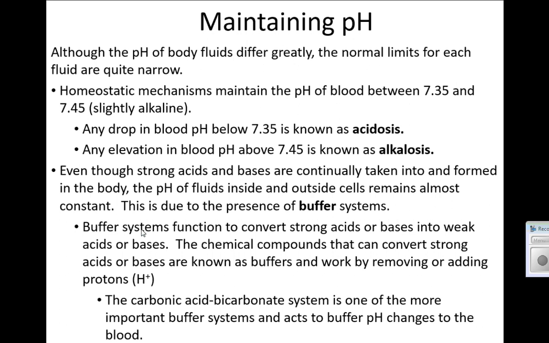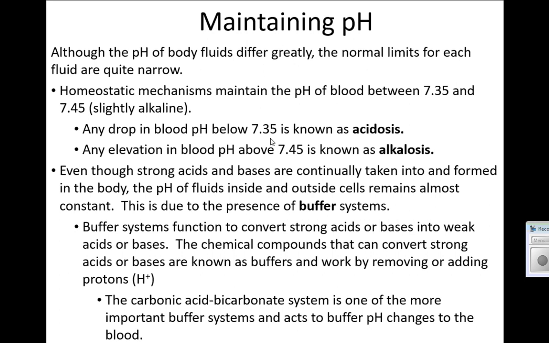Now, does that mean it's always going to be within that window? No. We can see situations where it drops or goes above. 7.35, if we drop below it, is known as an acidosis. Above 7.45 would be an alkalosis. Now, if I said something is 7.3, does that mean it's an acid?